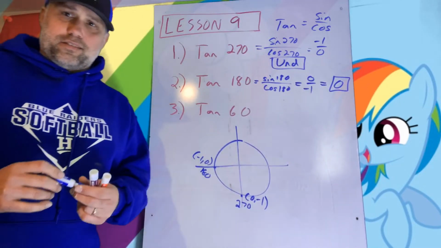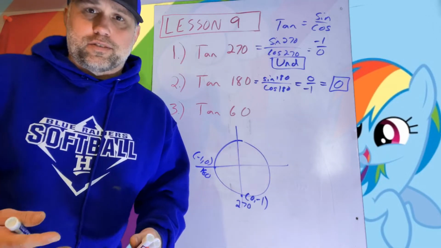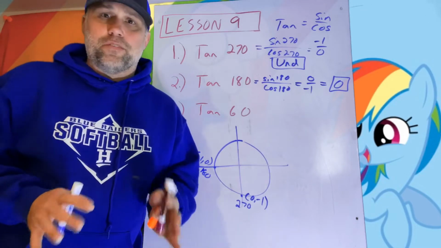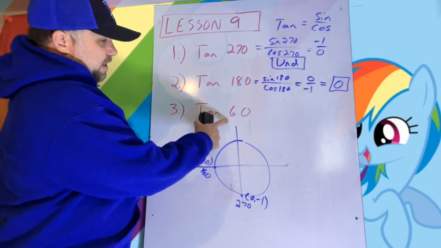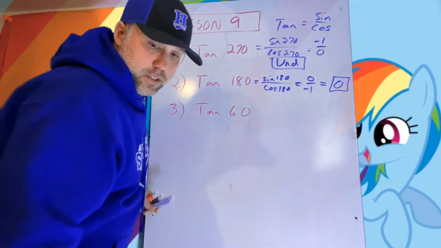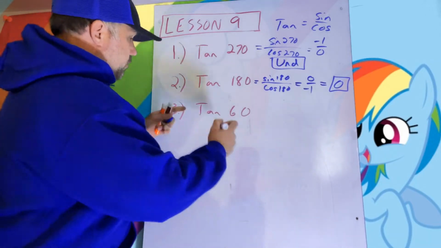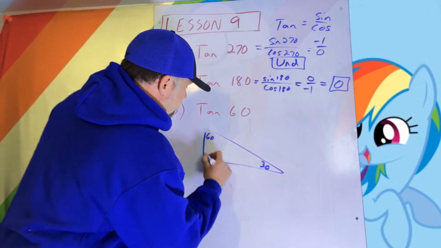Now, to do the tangent of 60, you could do the sine of 60 divided by the cosine of 60, but that is not the most efficient way to do it. It is much, much easier when you're dealing with angles that aren't on the unit circle to just use your special right triangles and go back to SOHCAHTOA. So if I want the tangent of 60, here's 60, here's 30, here's 90.